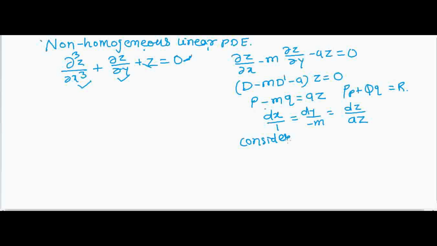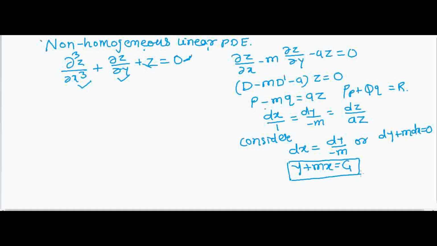We have dx = dy/(−m), or dy + m dx = 0. If we integrate this, we get the first relation y + mx = c1. This is the first relation between the independent variables.